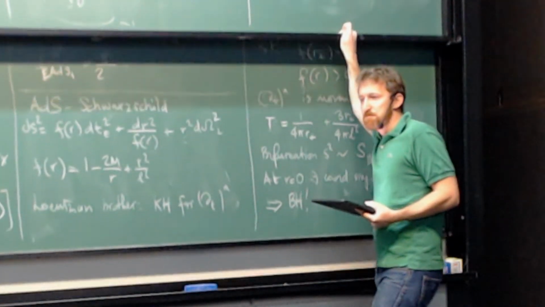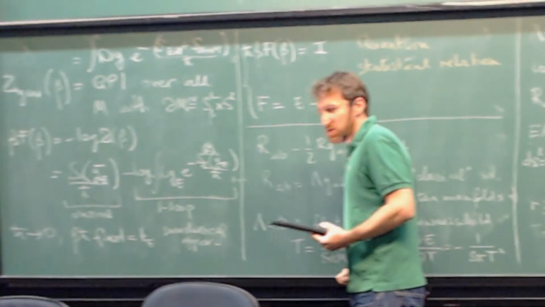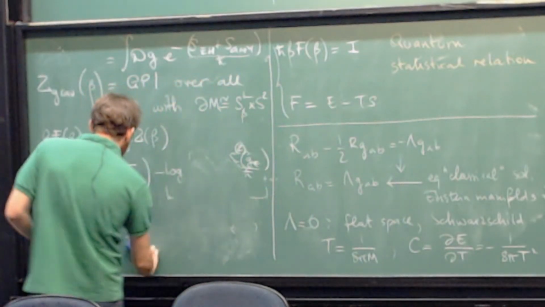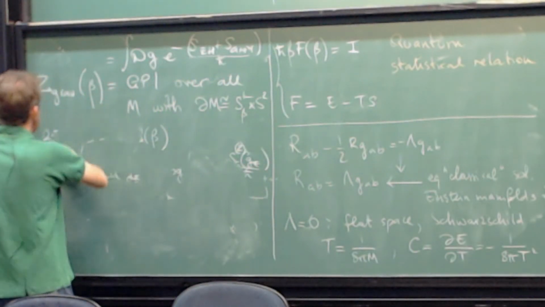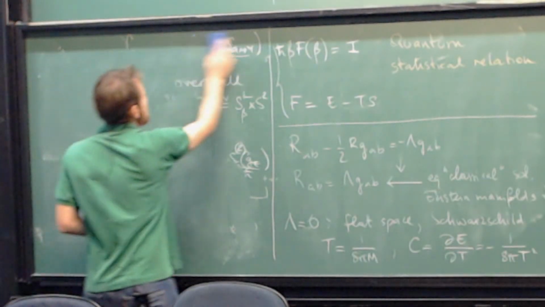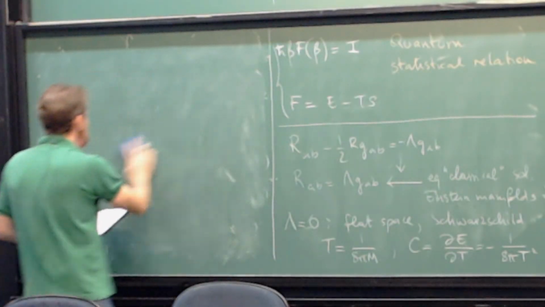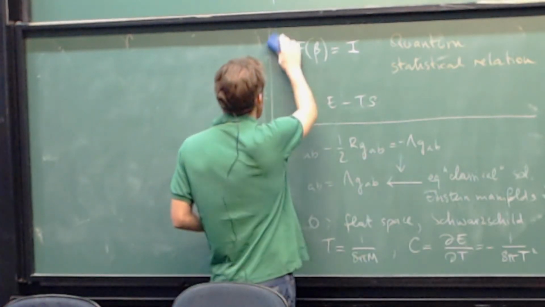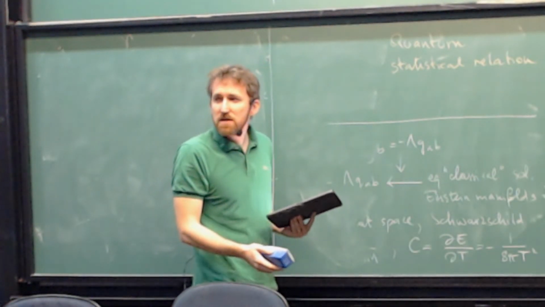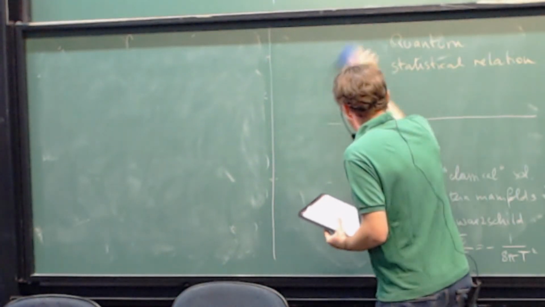So now we'll do the Euclideanization of this space. When we do the Euclideanization, so when we consider this space as a solution to the saddle point equation, we need to make sure that we are summing over smooth spaces, because otherwise we need to include singularities.